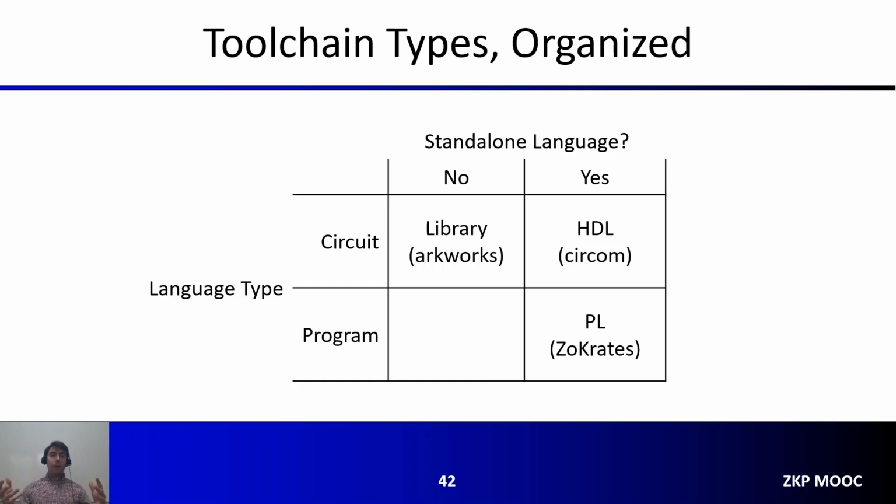And then finally, ZoKrates, or in general programming languages, are about describing a program, and they have their own syntax, and then they have a compiler that consumes the syntax and produces a circuit that has the same meaning as the program. So this is one useful way to see these 3 different kinds of tools in terms of the kind of thing they describe, circuit versus program, and in terms of whether they have their own syntax.